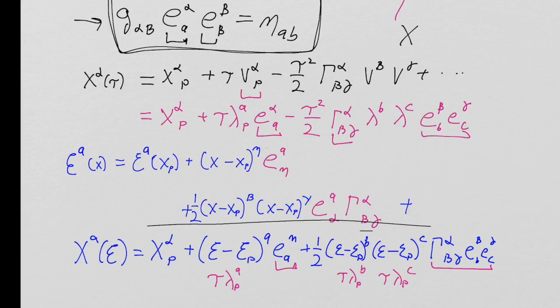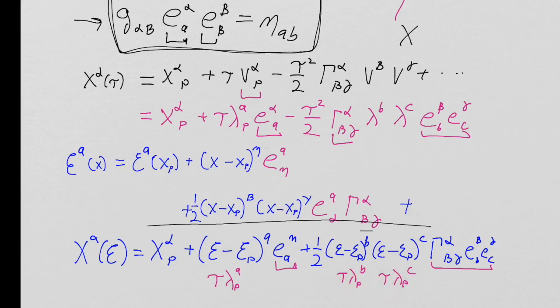Ergo, now what we have is this geodesic equation, ultimately, the second order form of the geodesic equation, has exactly the same structure as a coordinate transformation if the coordinate difference is given by this expression here, right?